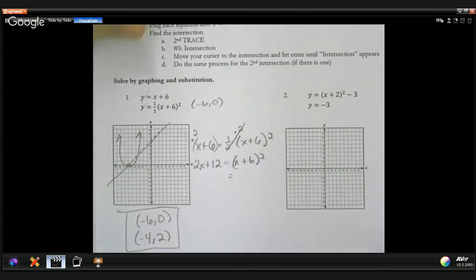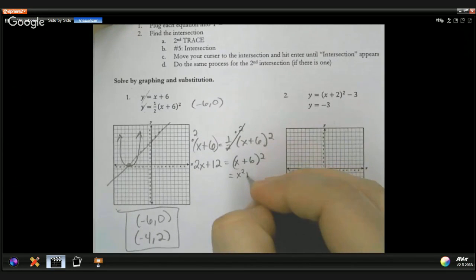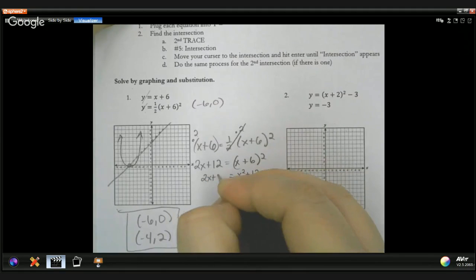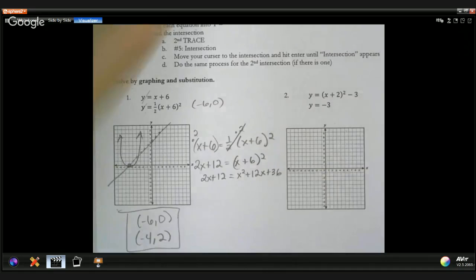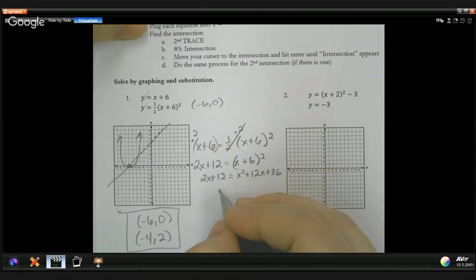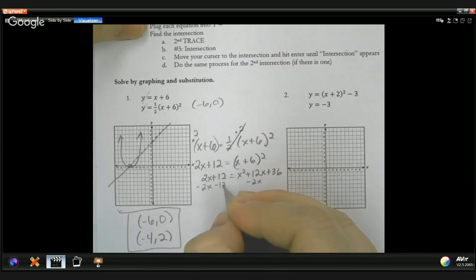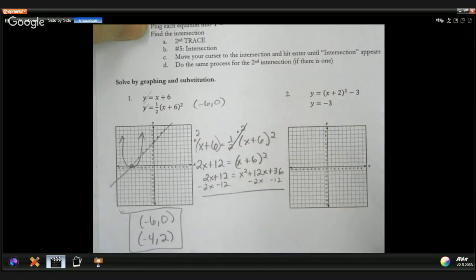And (x plus 6) squared, that's x squared plus 12x plus 36. If you're not sure how I did that, you could FOIL that out or double distribute. And so now I need to get it to equal 0. So I'm going to move this 2x over here by subtracting it, and I'm going to move the 12 over here by subtracting it.